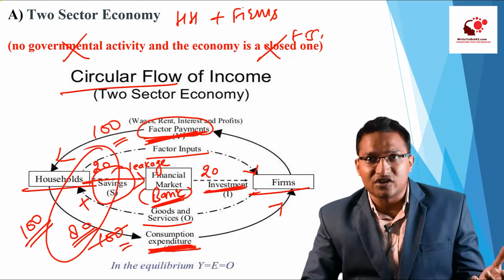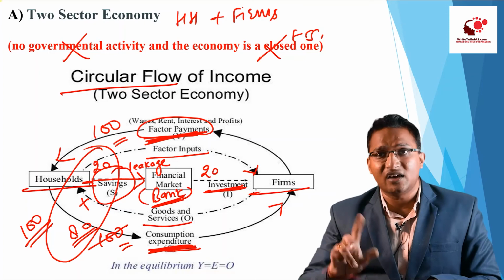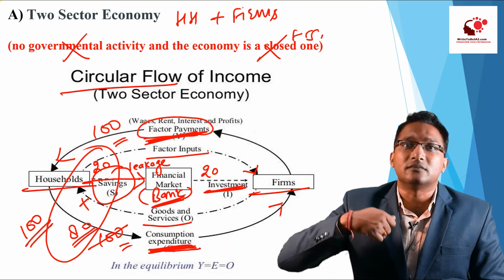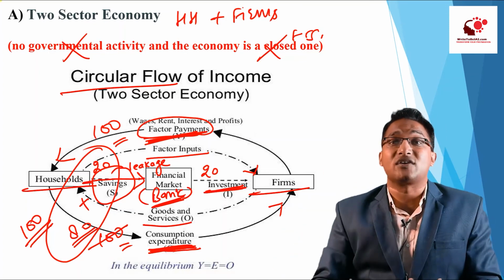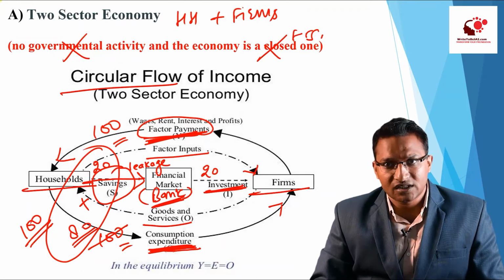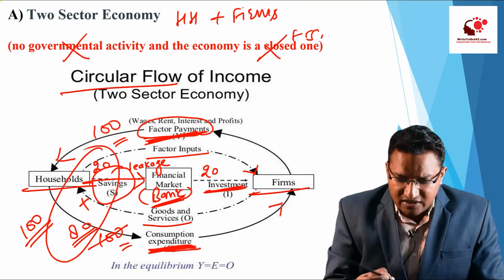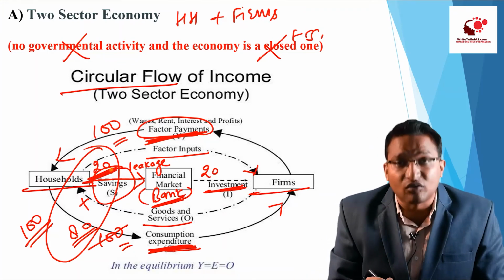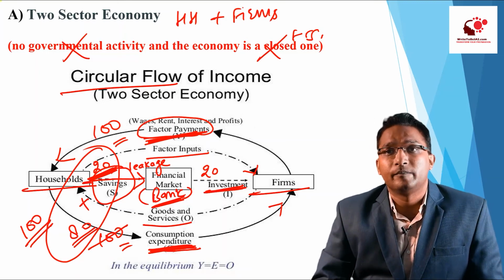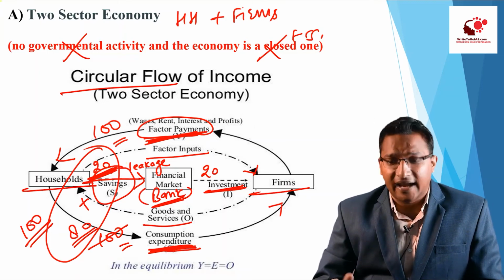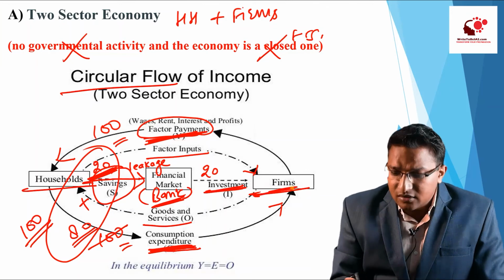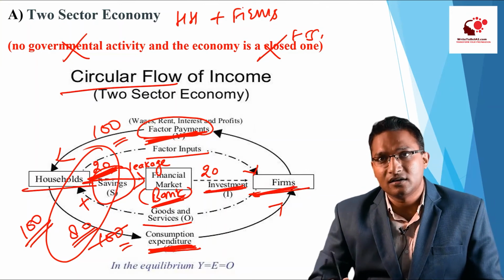So in the consumption expenditure, the amount is consumed. In the investment, the firm is able to increase its production capacity, right? So this 20 rupees saving, which was derived from the household pocket, has actually gone to the firm's pocket, right?